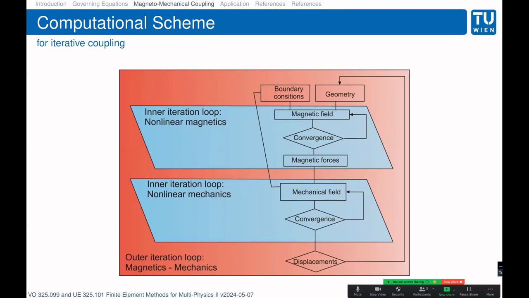So iterate until you have convergence of the mechanic subproblem, and then you update the displacements which change the geometry of the magnetic problem. And so this outer loop you have to again run until you have convergence here, and only then you can go to the next time step in order to do time-dependent problems.